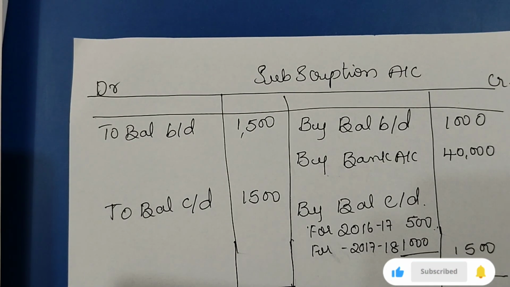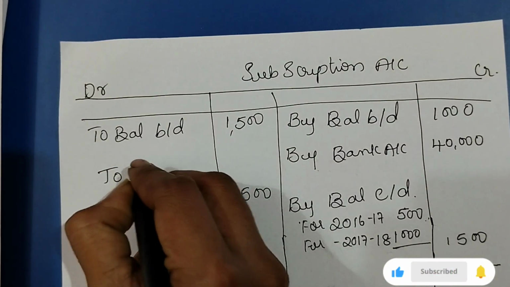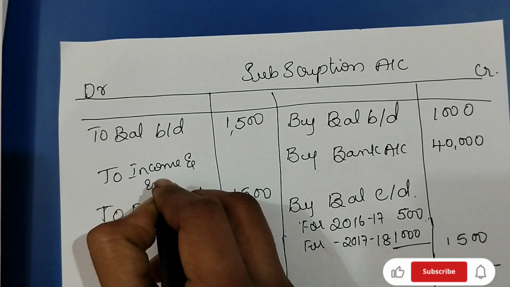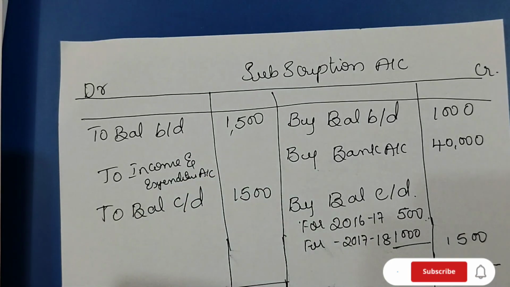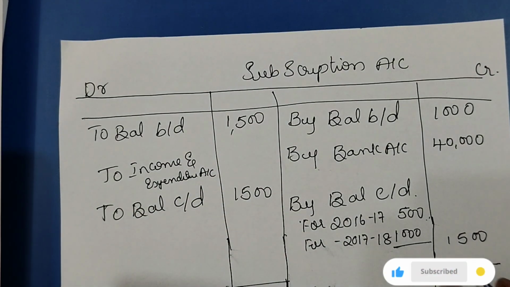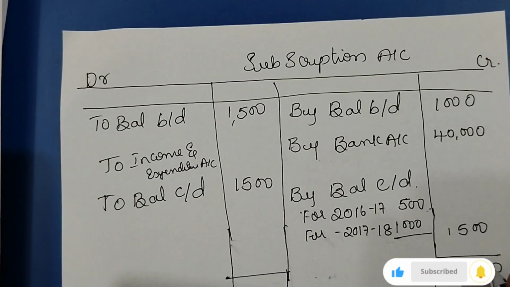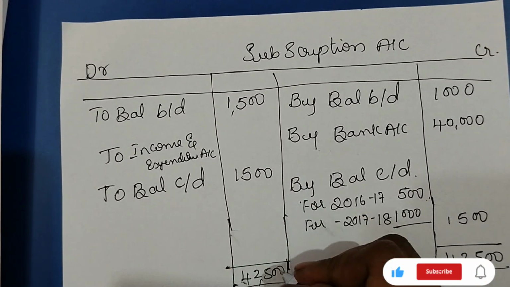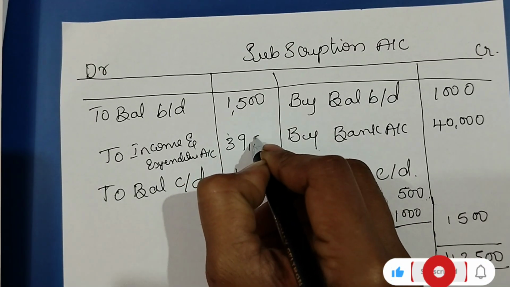Now we'll take the total, and the balancing figure will be recorded in the income and expenditure account. What is the total? The total is 42,500. Here also we are recording 42,500, and the balancing figure is 42,500 minus 3,000, which is 39,500.